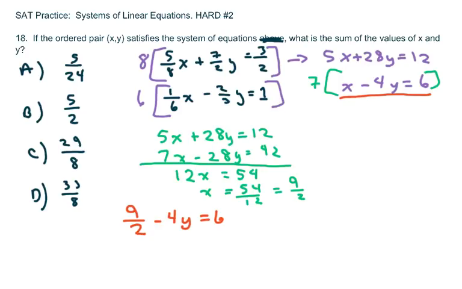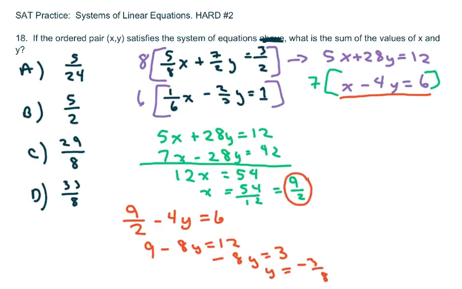I'm going to multiply this through by 2. So you get 9 minus 8y equals 12. It's not 18, it's 9. Alright, and so we get negative 8y equals 3. So y equals negative 3 over 8.